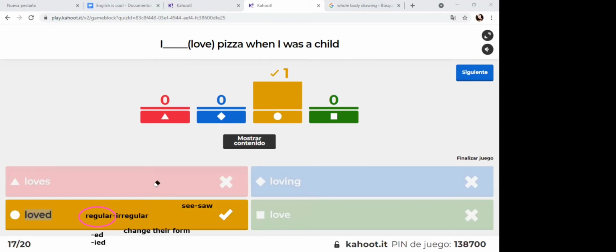They are very bloody movies, but I like them. So the past simple of see is saw. They change their form. Ya no tenemos en pasado sit. We don't say that. In English, we say saw. We say saw. Okay, perfect. Let's continue.